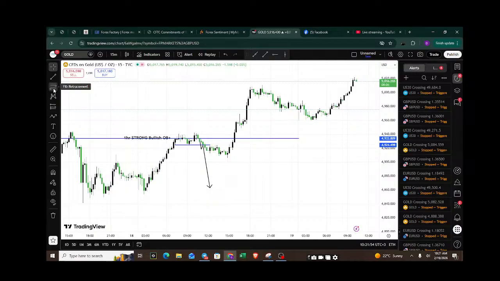So gold is still on a very serious buy. By the way, gold is on a very serious buy. The problem is the entries.